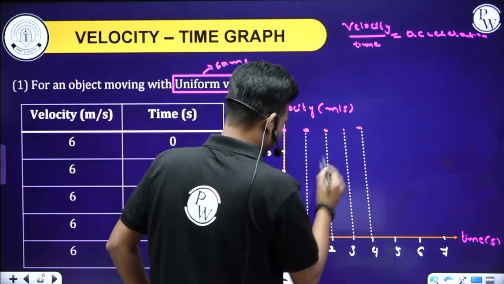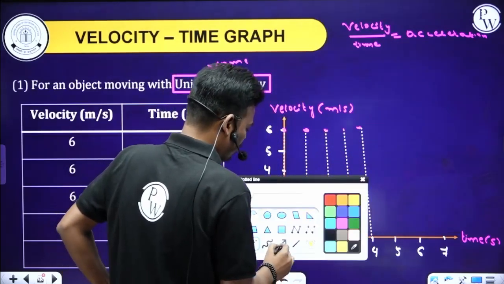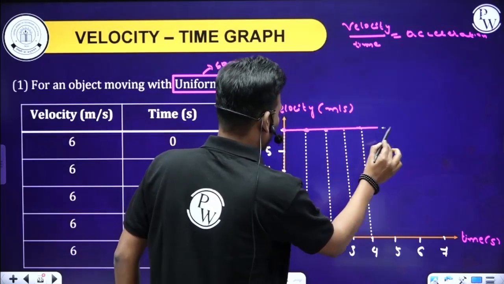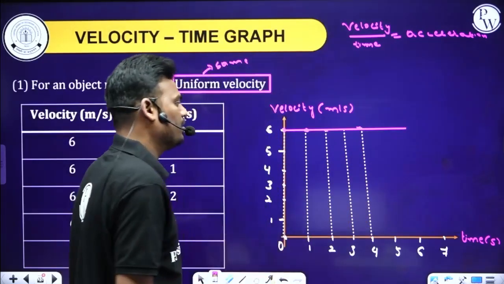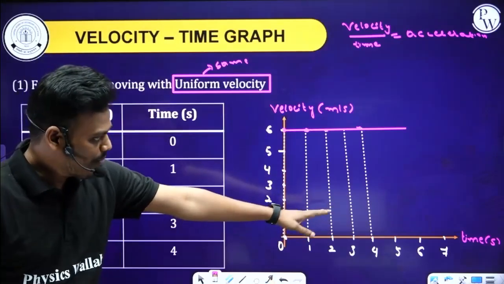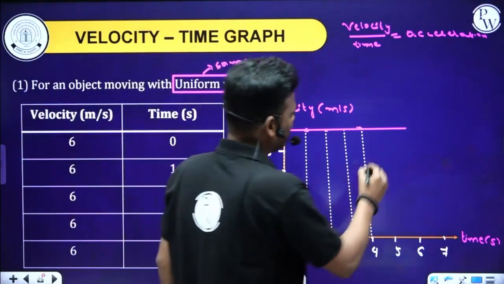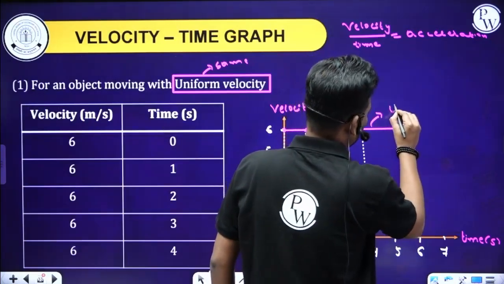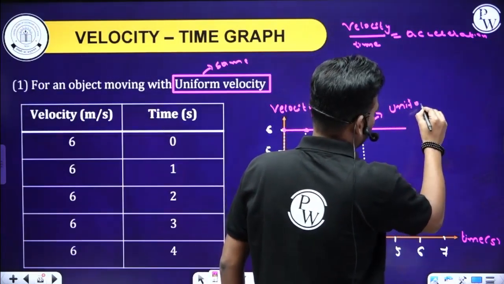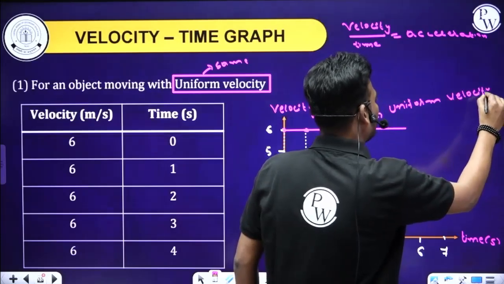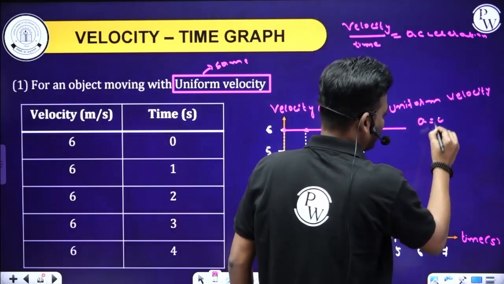Here you can see, what you have to do is join all the points. When you join them, you'll get a line parallel to the time axis. That means uniform velocity, that is equal to acceleration being 0.